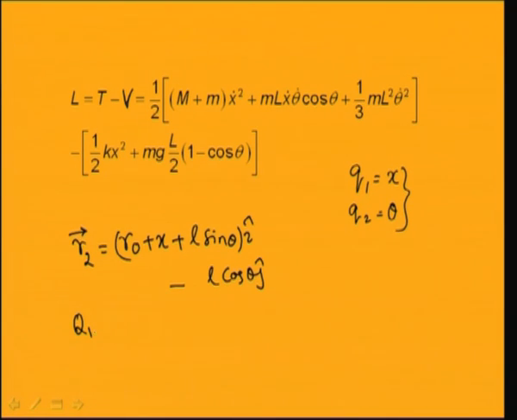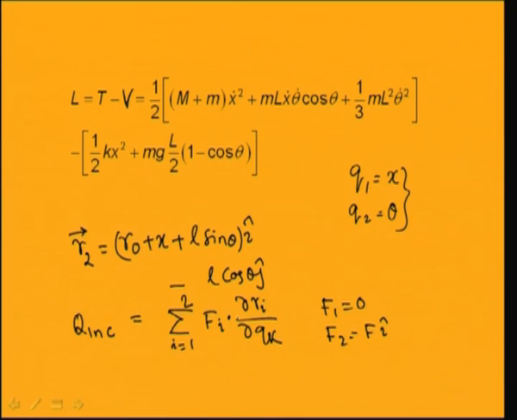Qk nc will be equal to, if you apply the formula, the summation i equal to 1 to 2 of Fi dot del ri by del qk. As F1 equal to 0 and F2 equal to F i, you can substitute it in this equation.